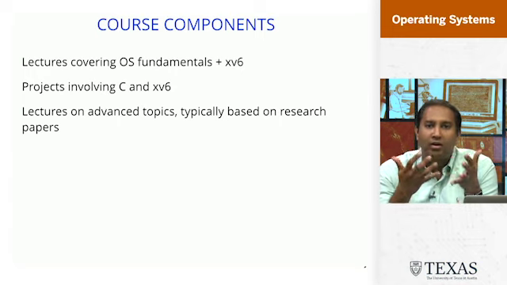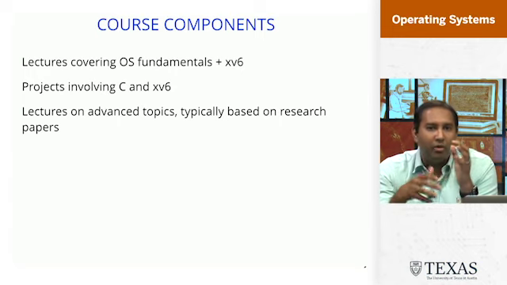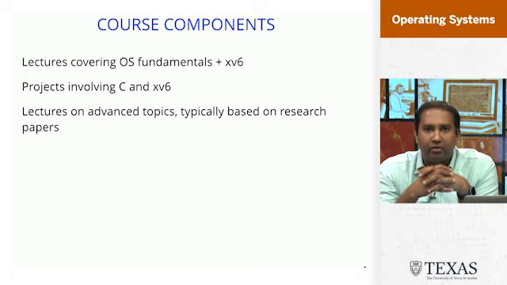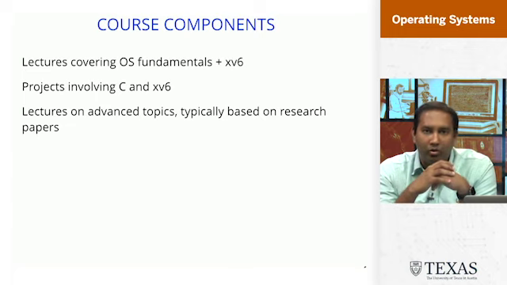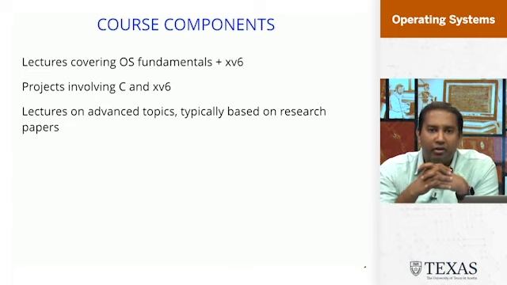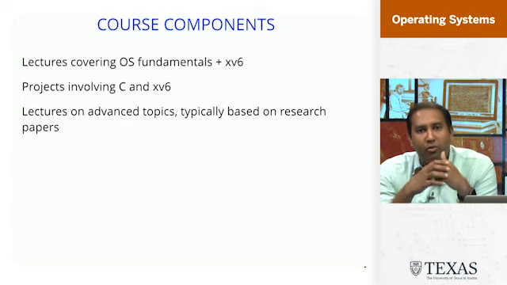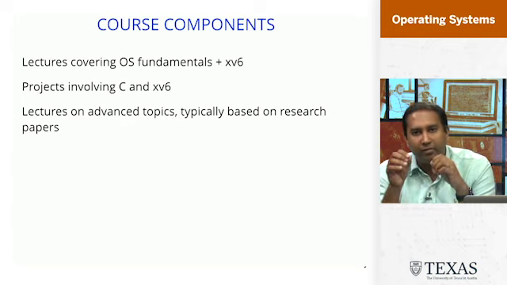It's a small educational kernel, but it will allow us to get a feel for how an actual operating system works. By the end of this course, you will know and understand x86 a lot more. We will also be doing projects involving C and x86, and through this you will get more hands-on experience working with different aspects of the operating system.